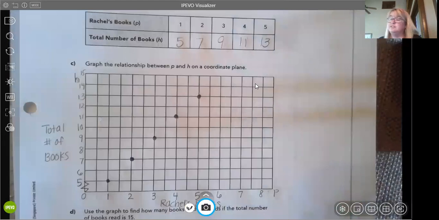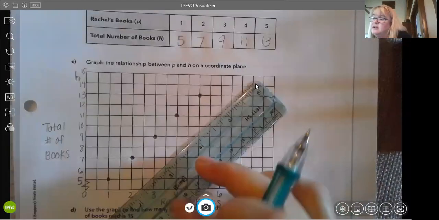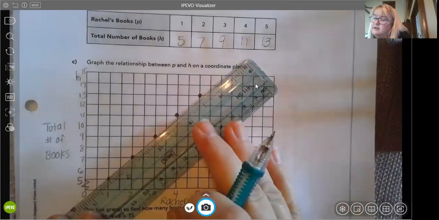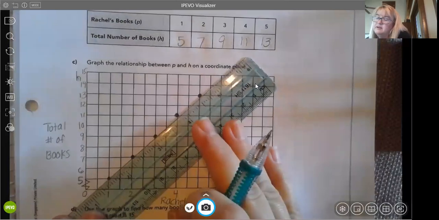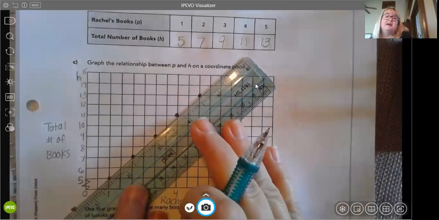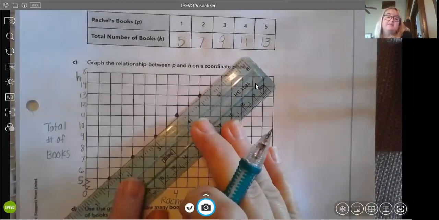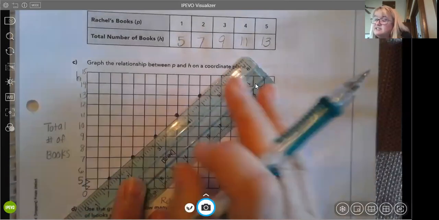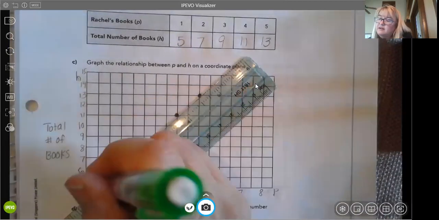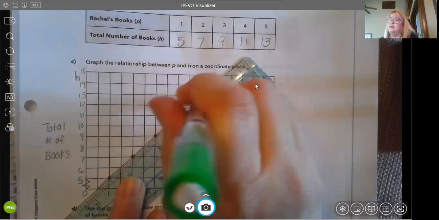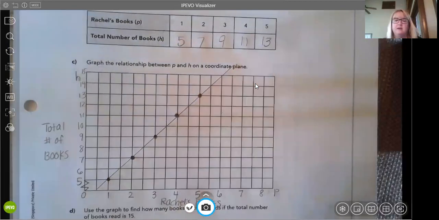Now we take our trusty ruler and see how my dots are sitting right on top of the line. All right, so there we go.